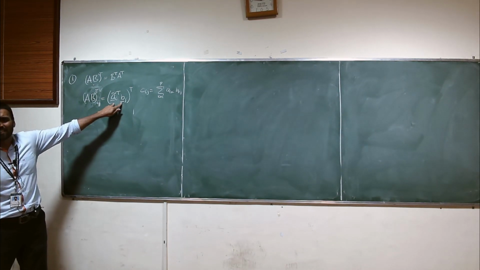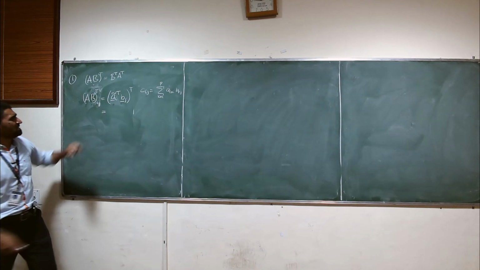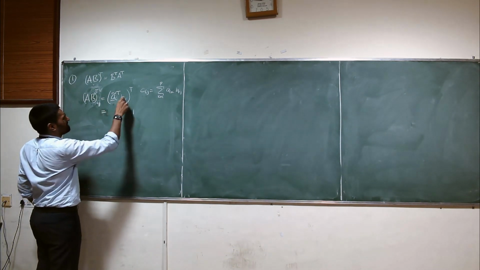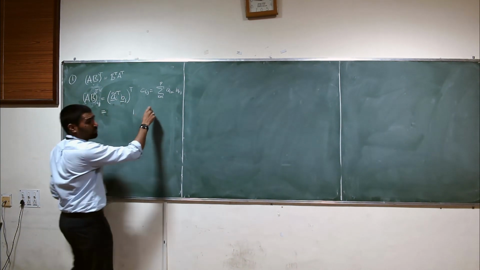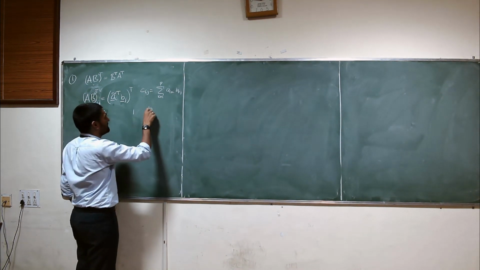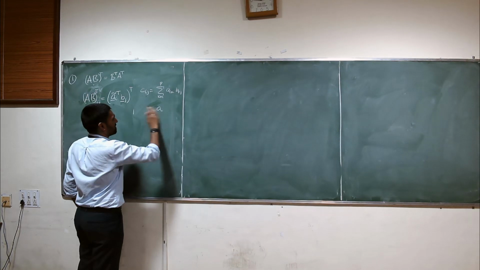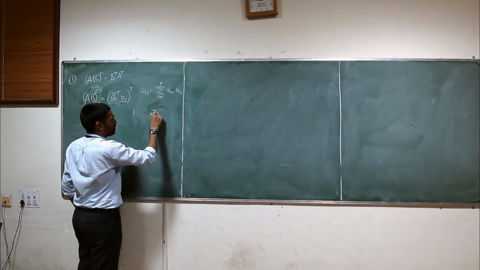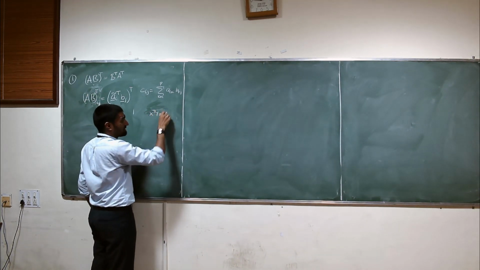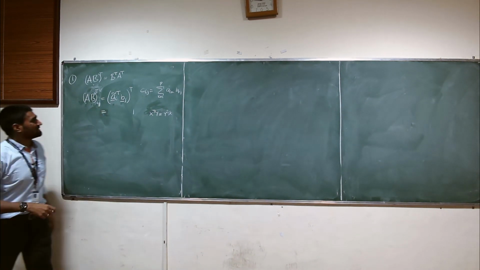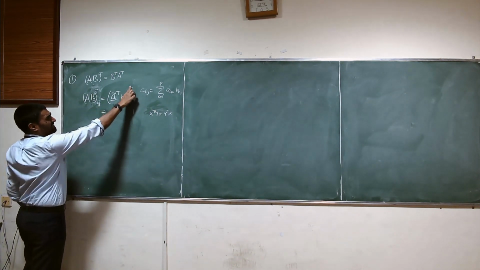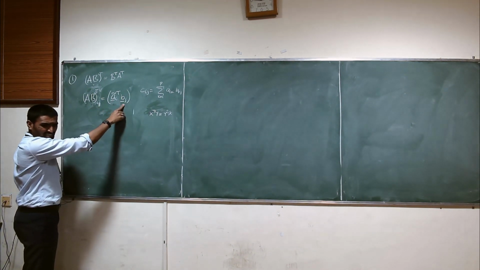Now, this is a scalar, right? That means if this is a scalar, we know inner product is commutative. That means x transpose y equals y transpose x. Since this is a scalar, we get this.